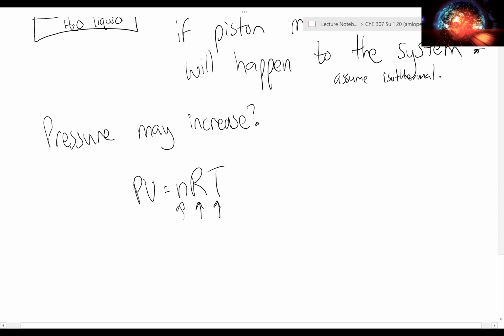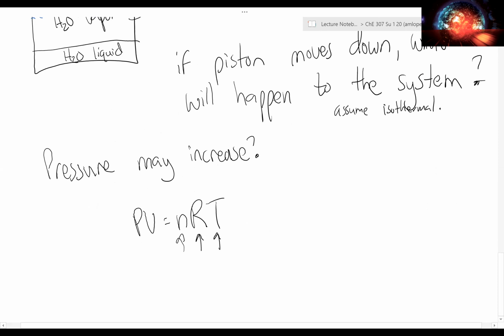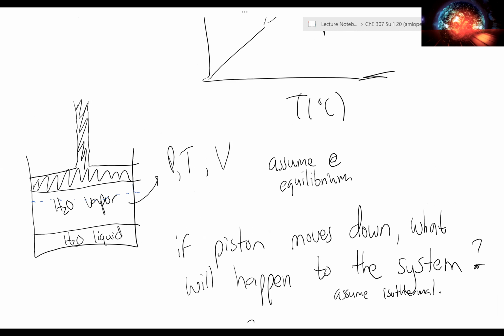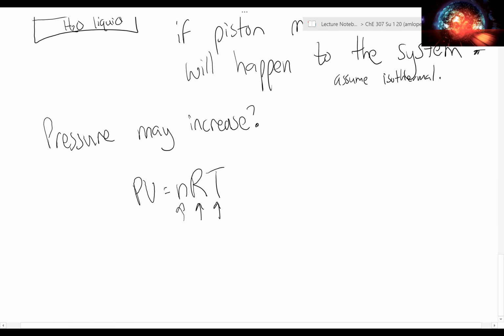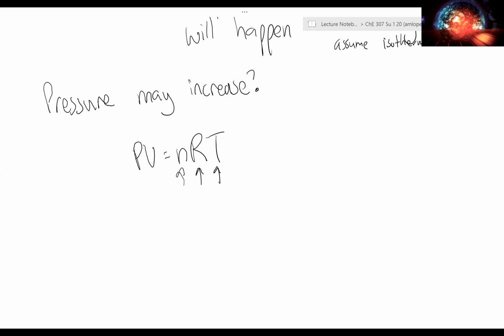And I said the volume's going to decrease, right? Because if the piston moves down, that volume's going to fall. So V2 is less than V1.